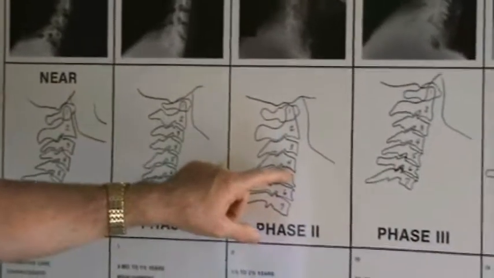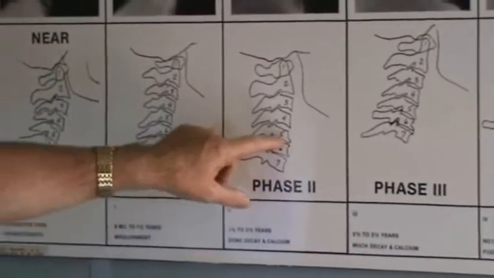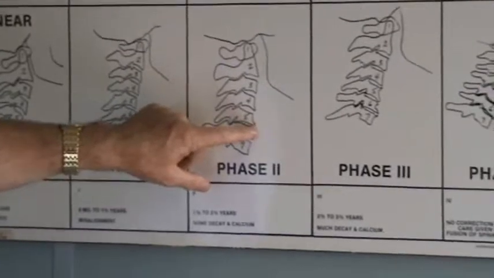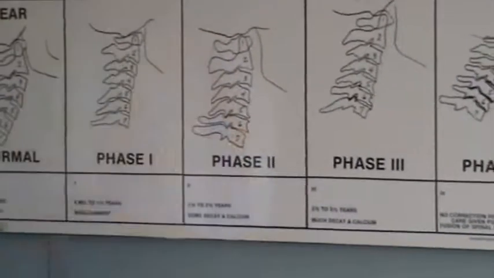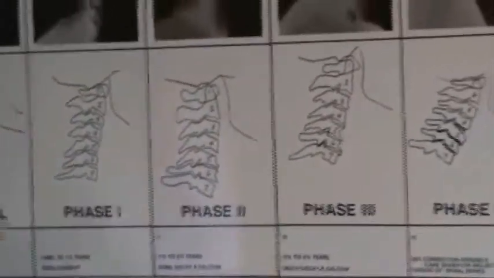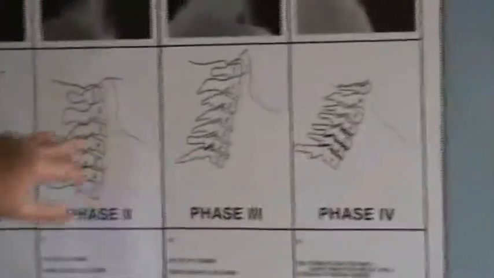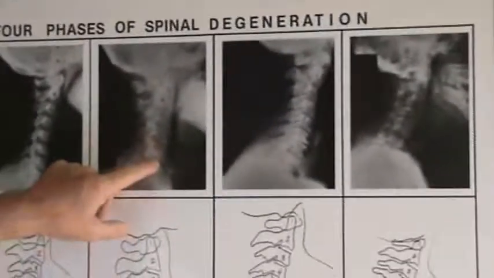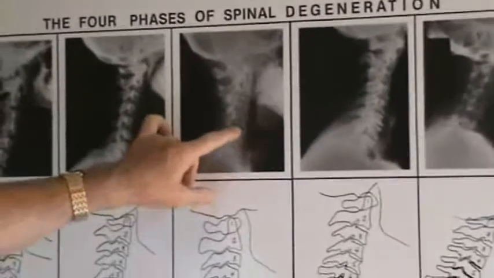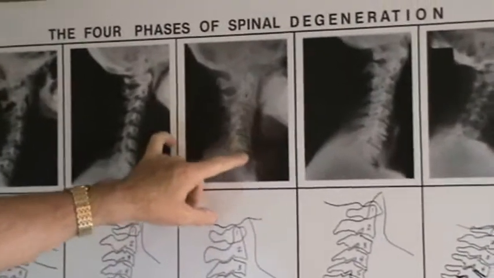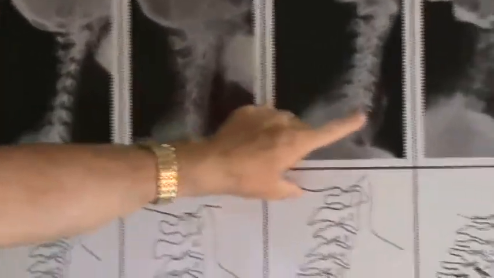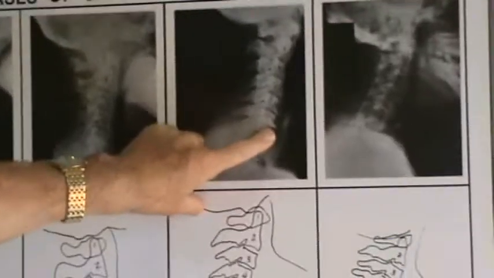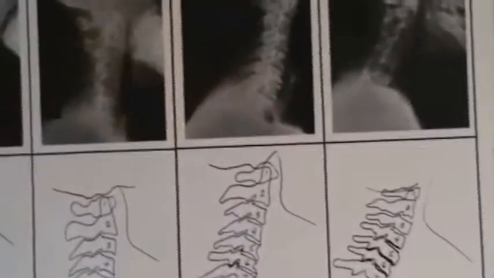As it begins to degenerate further, you get a thinning of the disc and little calcium beaks forming there, which we call osteophytes or spurs. And so the degeneration continues, and you can see that happening here, where that's a fairly normal space, and that's starting to thin. You're getting the little beaks, and there are the beaks forming even further. So that's in the neck, because you have discs in there too.